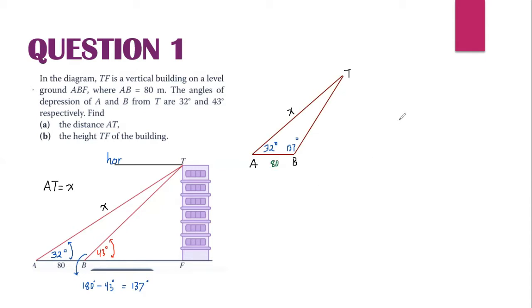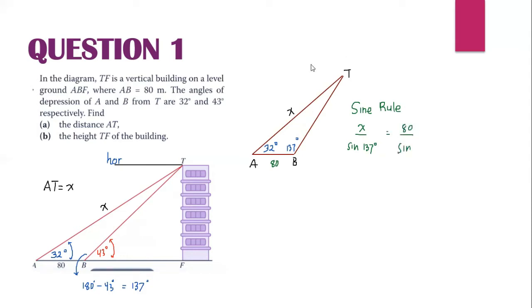Very easy, right? I think we have to use the sine rule to solve this one. So the sine rule is x over sine 137 degrees equal to 80 over sine, oh, this one.